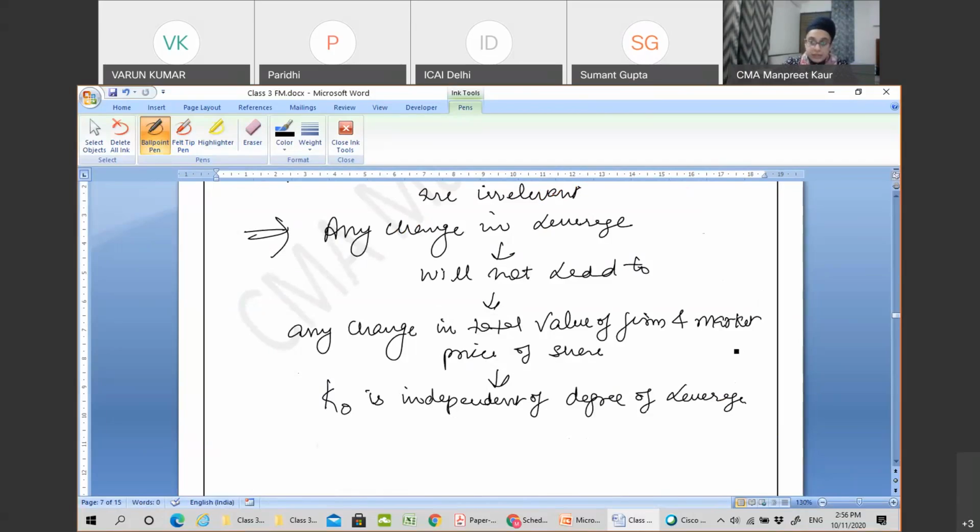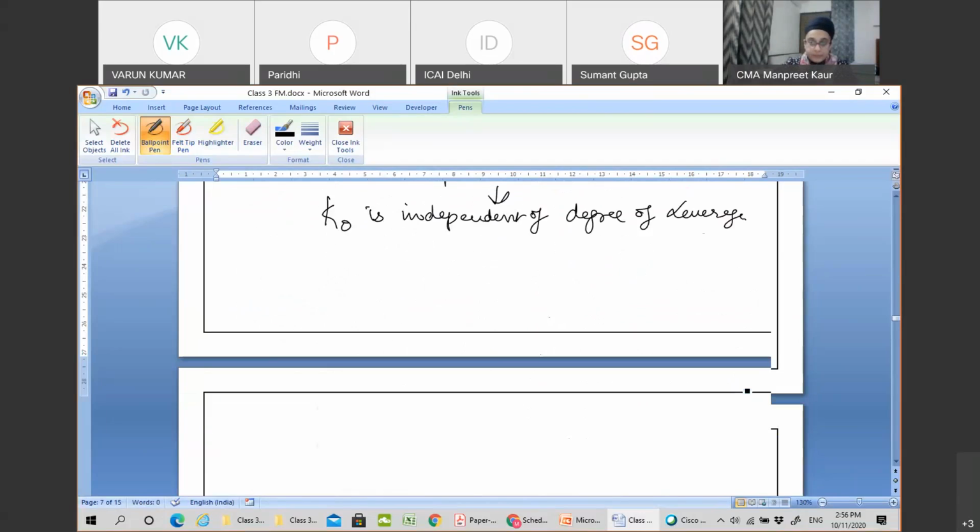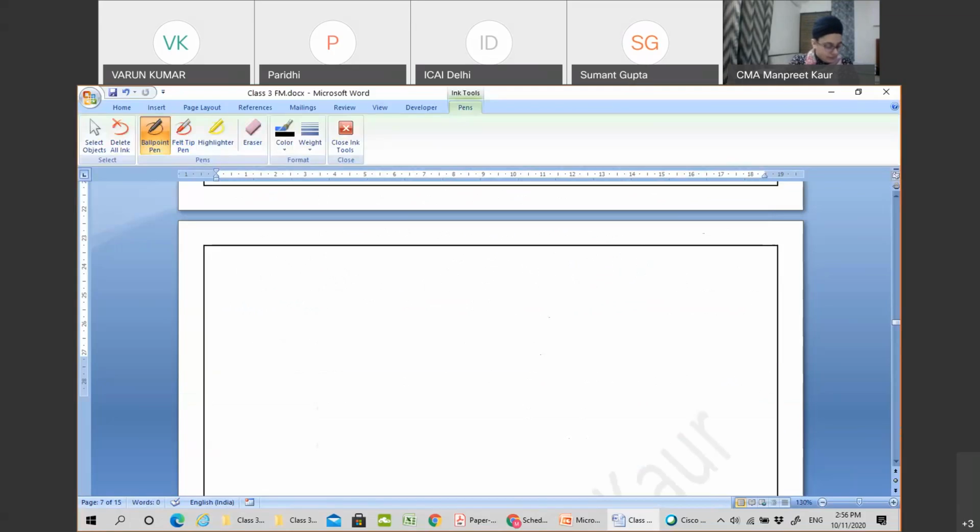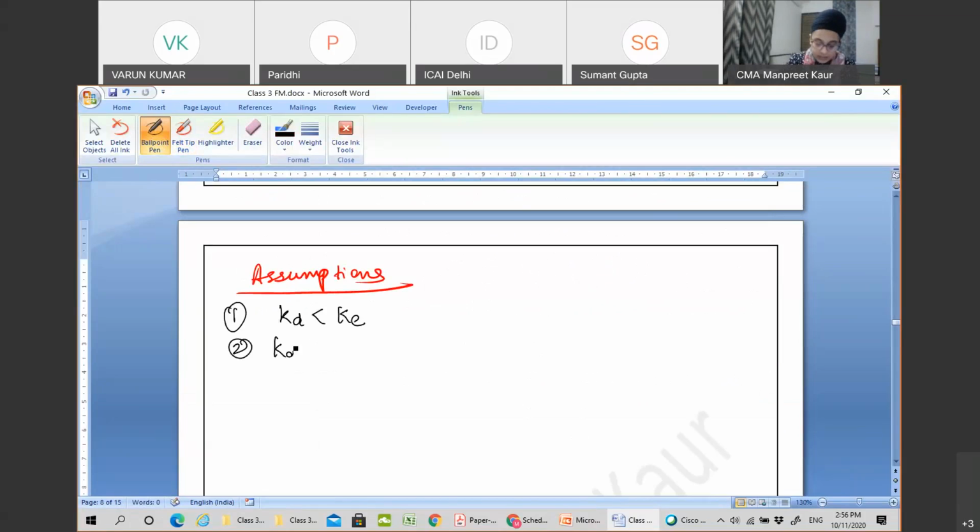There are assumptions in this theory. Assumptions are the same as the NI approach: KD should be less than KE, KD remains constant at various levels of debt equity mix.